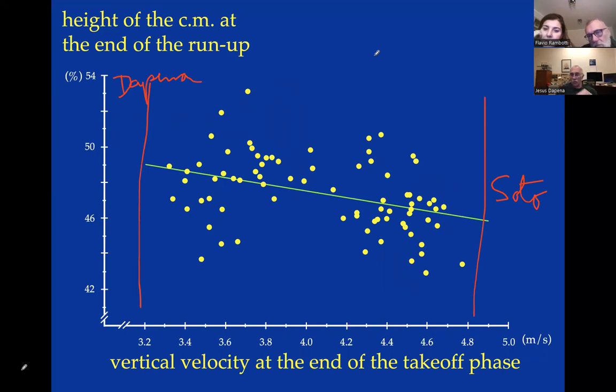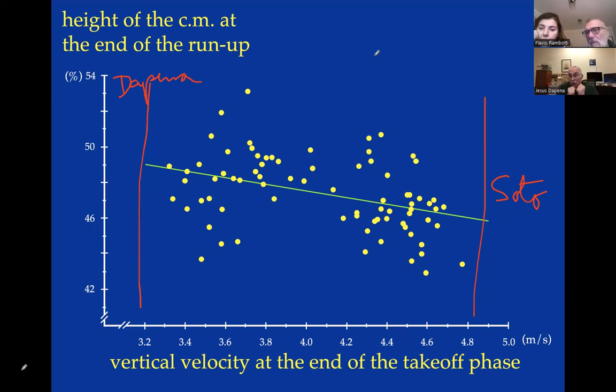Now in the vertical part of the graph, we have the height of the center of mass at the end of the run-up or at the start of the takeoff phase. It's the same instant. Now, that would be a value in meters. So maybe you will be 1.02 meters high. But the problem with that is that if you're very tall, your center of mass is going to be high.